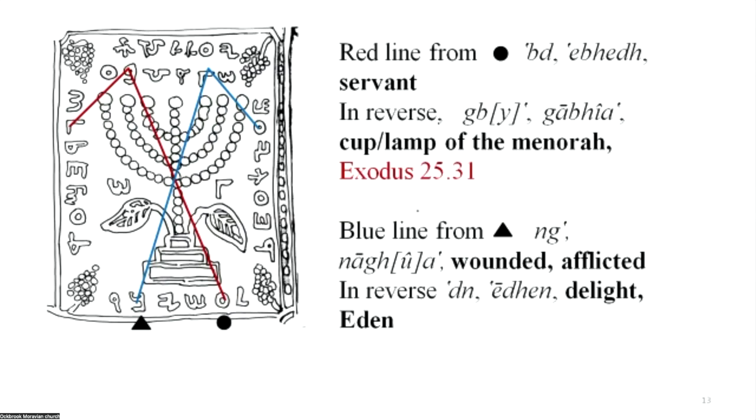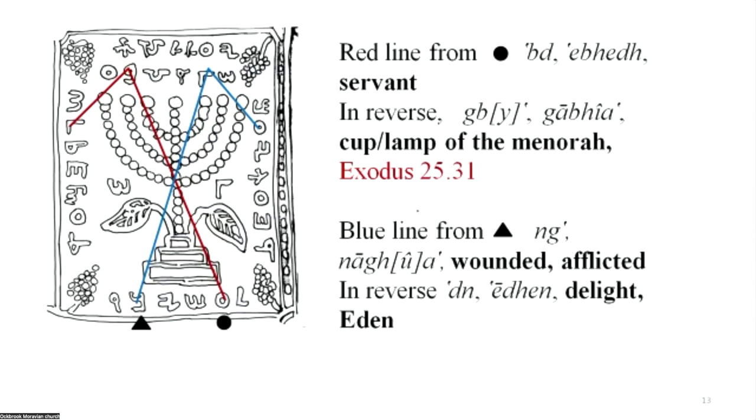If you look at the blue line, the mirror image, you have that he was wounded or afflicted. Well, that is a very important theme in Isaiah chapter 53. Again, using synonyms. If you use it in reverse, you have the word for Eden or delight.